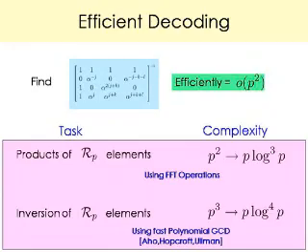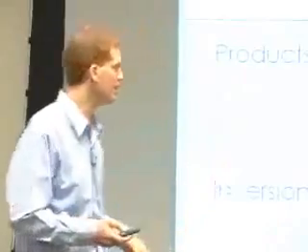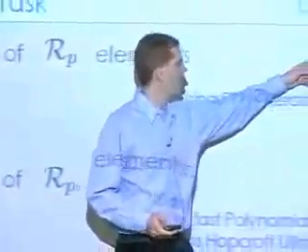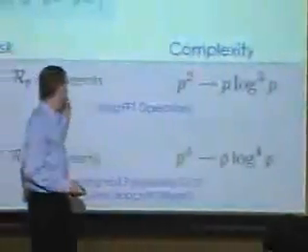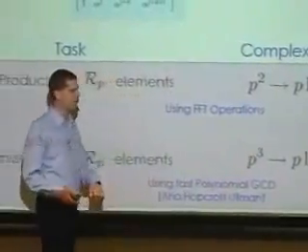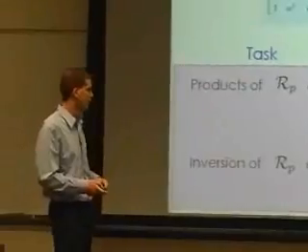Now, another challenge is to decode those codes efficiently, and for that we need to use some algorithms over the algebraic ring, and we can reduce some of the operations from p squared to p log cubed of p, and from p cubed down to p log to the fourth power of p.